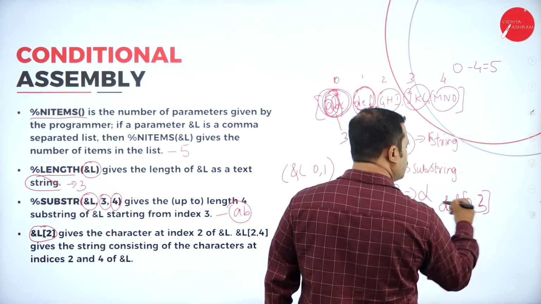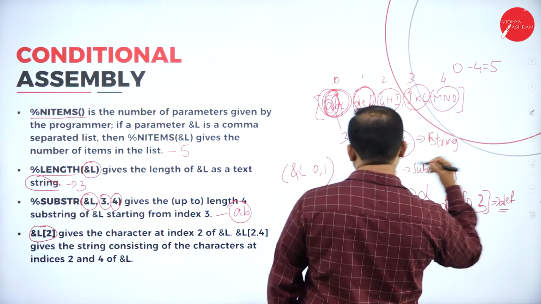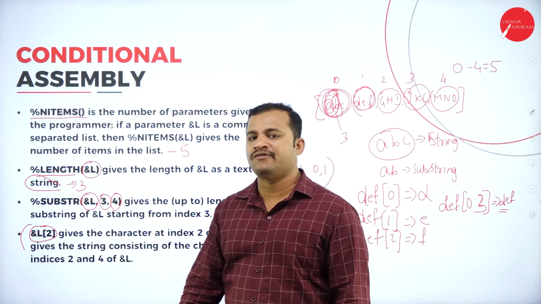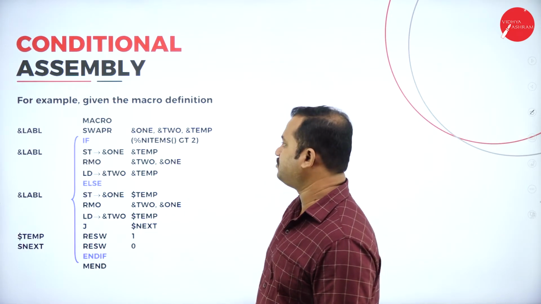So we have 0 to 3. This prints DEF. So this is how we are going to have the indexing operations. Similar to the higher level languages, we have these options in case of assembly level language programs.